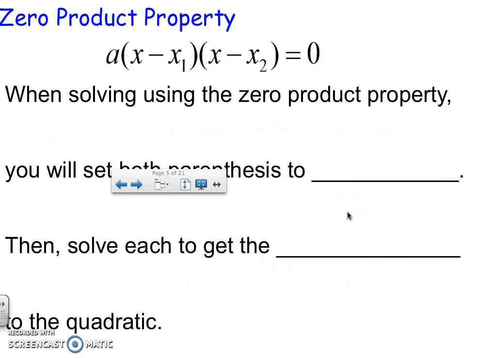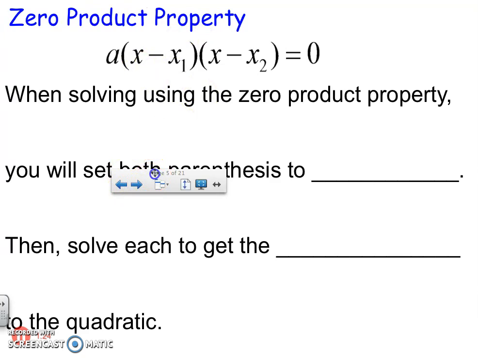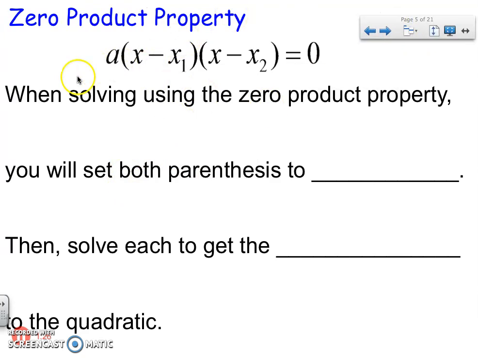All right, so let's look at what the zero product property is. So here's the generic form for the zero product property. So when you're solving using the zero product property, you're going to set both parentheses equal to 0. So you're going to set them equal to 0, and then you're going to solve each to get the solution to the quadratic.